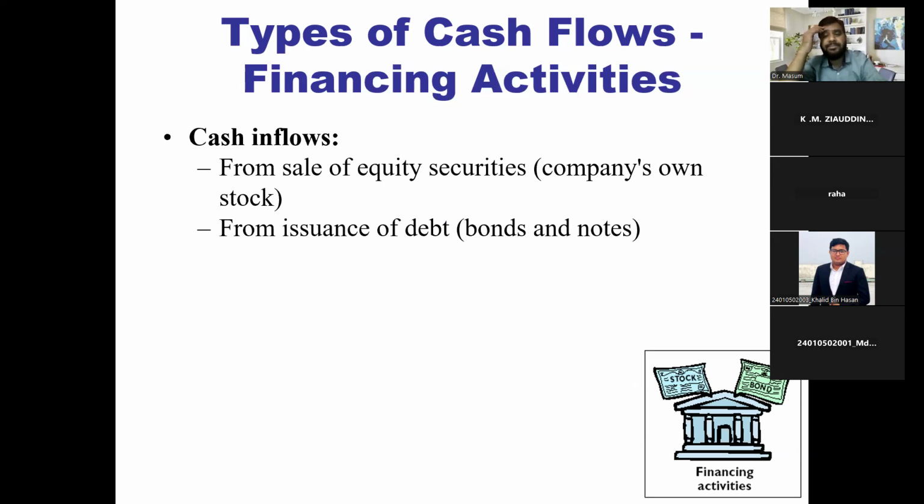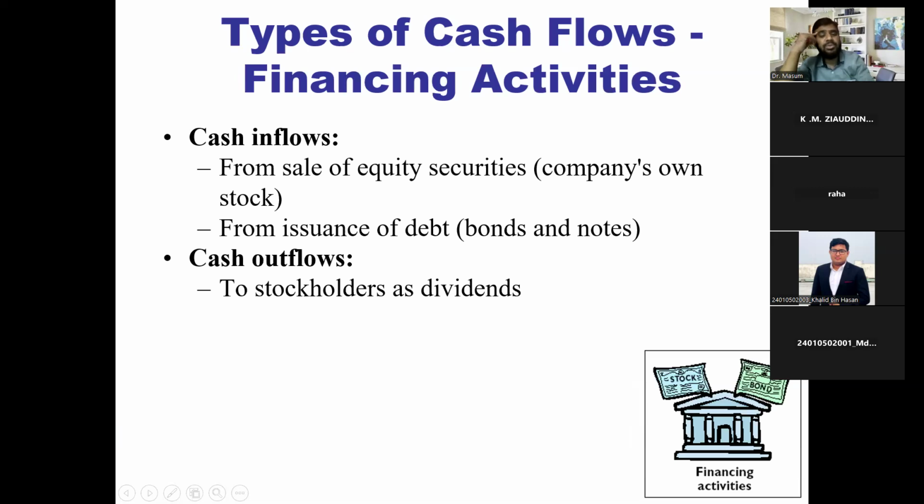Commercial paper. A bond means the company takes a loan from the general public or institutional investors. So here financing indicates what? Sourcing of fund. So you can source fund from the owners. You can source fund from selling bonds or notes.